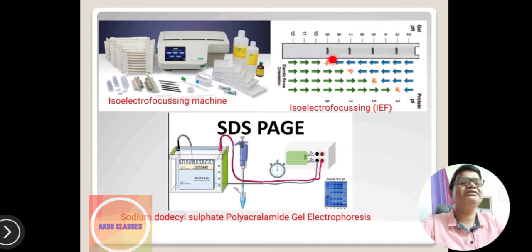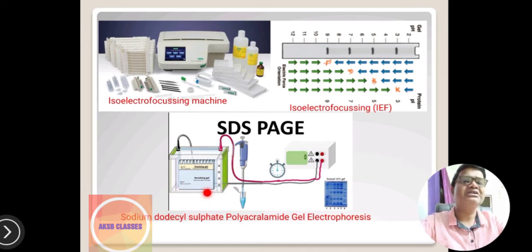Now if there is a mixture of proteins with the same pI, then we further separate the proteins through SDS-PAGE in the second dimension. In the second dimension through SDS-PAGE, the protein moves from the cathode to the anode end. Cathode is negative and anode is positive.